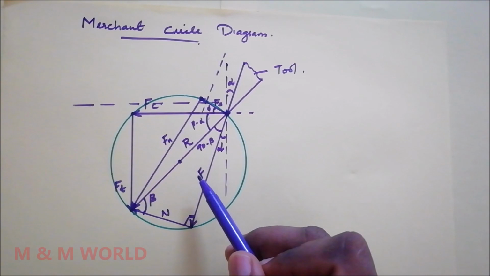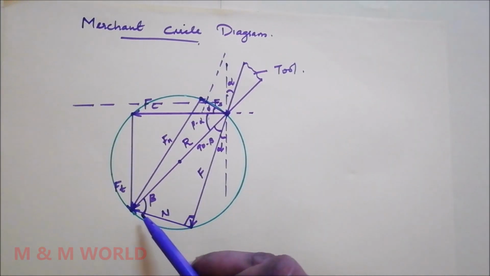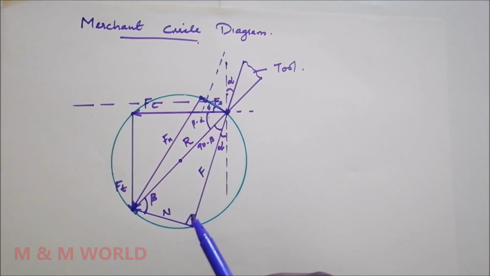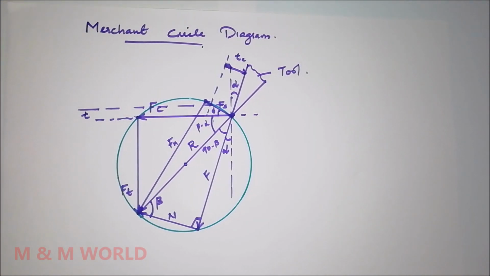Now from the head of the friction vector F, draw a line to the head of the resultant R, and this will be the normal vector N. And the angle between R and N is the friction angle beta. Now to find the shear force, we have to use the uncut chip thickness and cut chip thickness.